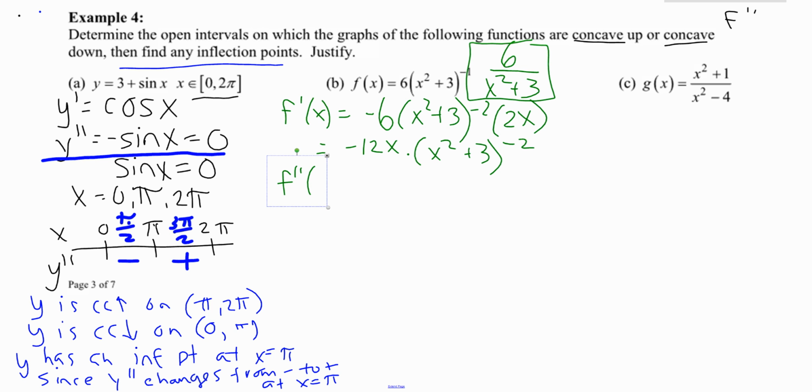So if I go ahead and find my second derivative, I have the first times the derivative of the second plus the second times the derivative of the first.